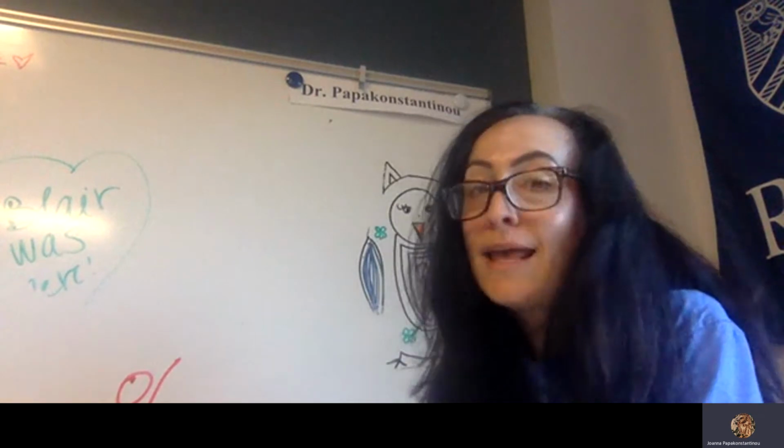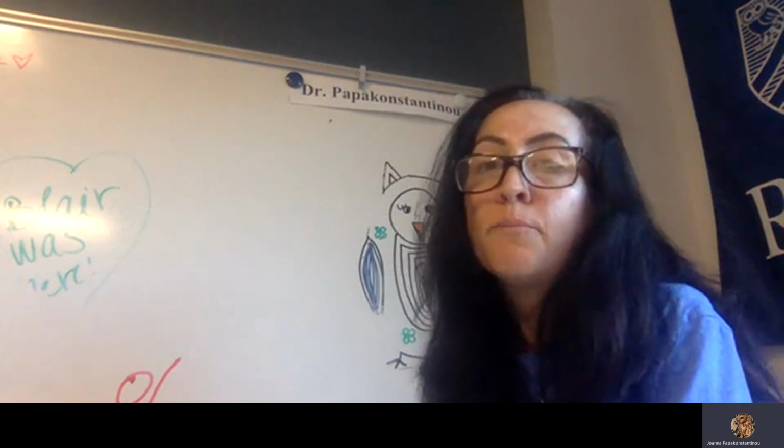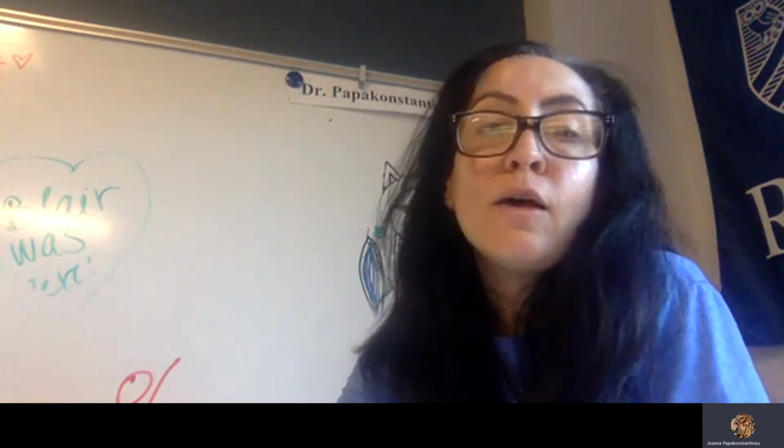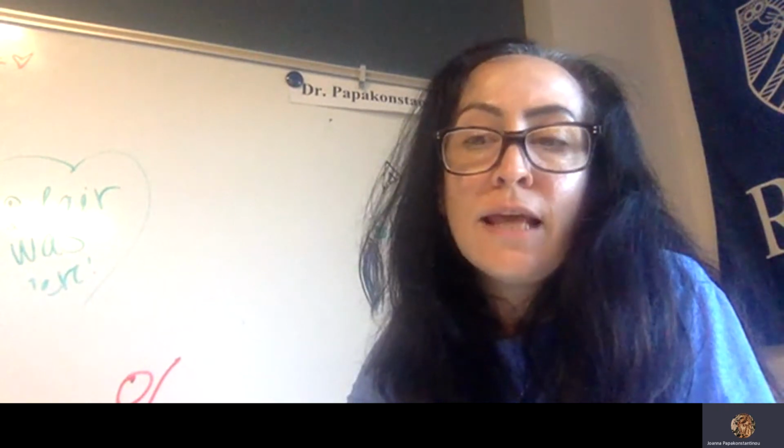So y equals e to the x is a very important function. Now, let's look at y equals e to the x. I'm going to turn my plot off from yesterday, and I'm going to put in y equals e to the x.